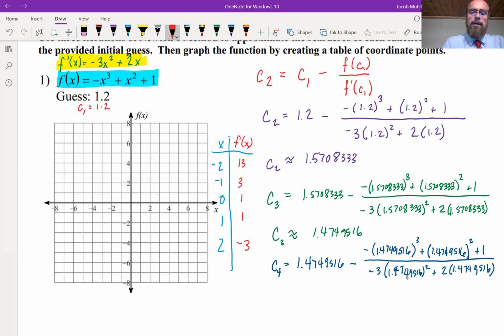So let's graph here. I can't really graph -2, 13 unless I want to start counting 9, 10, 11, 12, 13. So it's very high up in the equation. We'll place it there. -1 is at 3. That I can graph. 0 is 1, 1, 1, and then 2, -3.